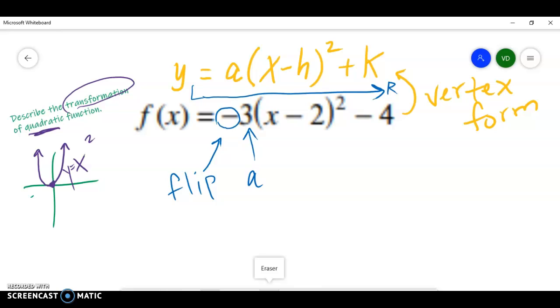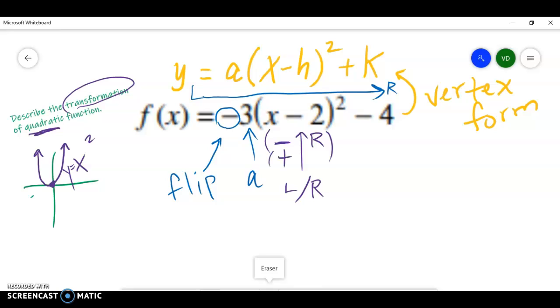Now I'm going to talk about those parentheses. Parentheses make it go left or right. They are taking that parent function and shifting it left or right. If it is a negative, we've got to think opposite than we normally would. We usually think negative is left, but really that is right.